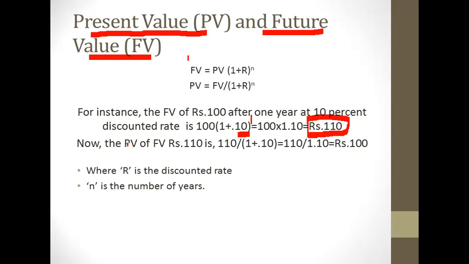Now the PV. If FV is equal to PV into 1 plus R raised to N, then you can find out PV, present value.